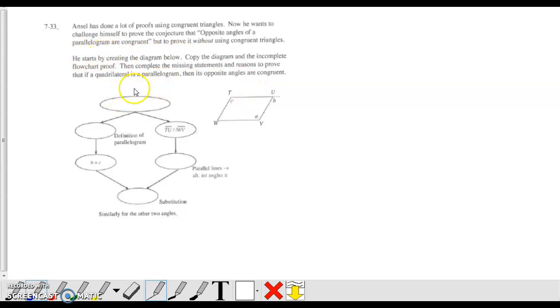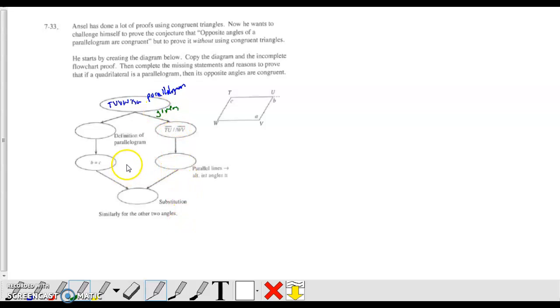So chances are that's exactly what we're going to write: TUVW is a parallelogram. That's what we should put into our first oval. Why are we putting that? Well, because he gave it to us. So this would be given information.